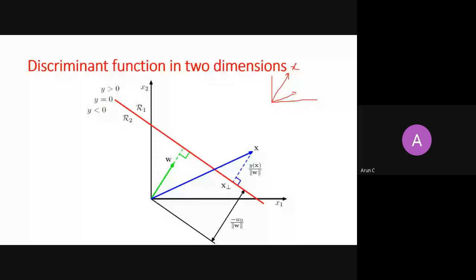What you can do is throw a light orthogonally, vertically, and wherever the shadow falls, till that point, you say the projection is from here to here. So this is your projection of x on y. Intuitively, this is what a projection means.